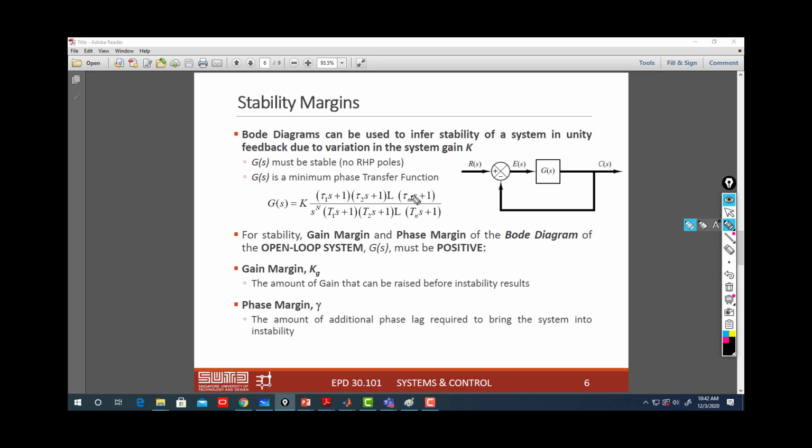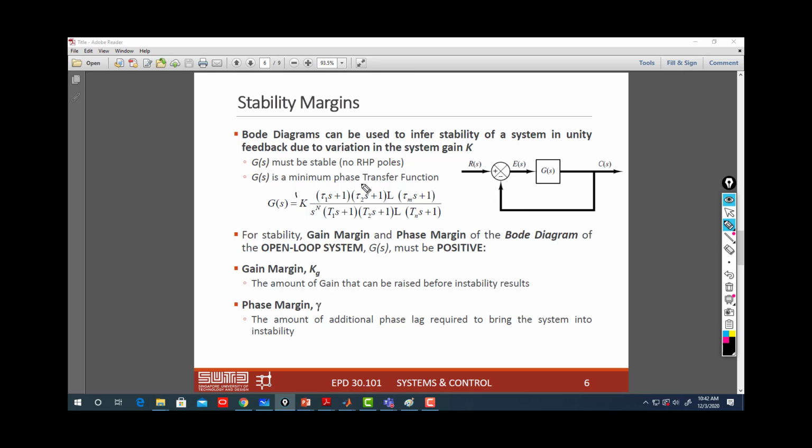I have the right to write G as K times numerator over denominator, also with s to the power n. It could be n equals 0, so nothing here, and n could be the system type. Then I keep varying K, I can vary K and check the stability. But here we don't vary K. We take K equal to 1 and we look at the phase margin and gain margin. G must be stable.